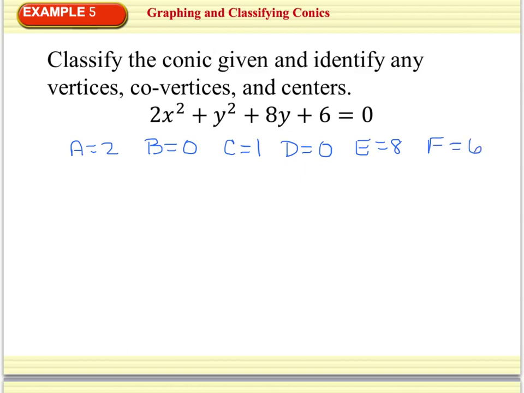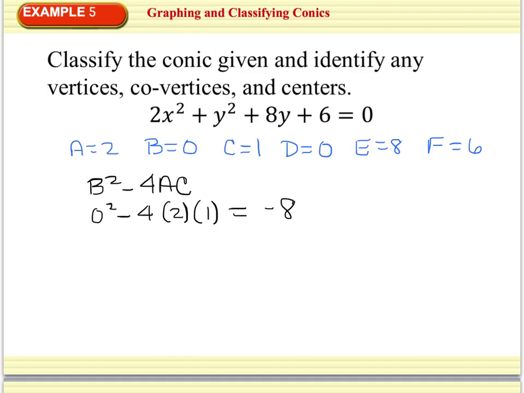Now to use a discriminant, I only need a, b, and c, and my discriminant was b squared minus 4ac. So when I plug those points in, I end up with 0 squared minus 4 times 2 times 1, or 0 minus 8, which gives me a negative 8.